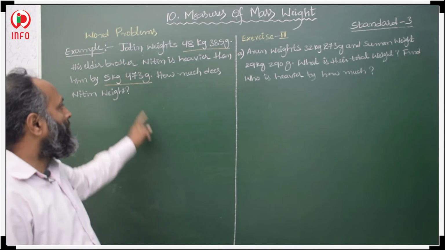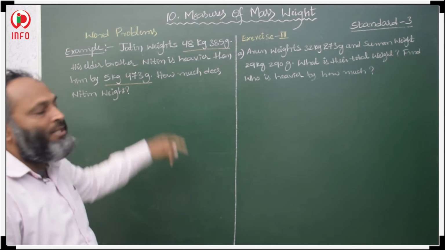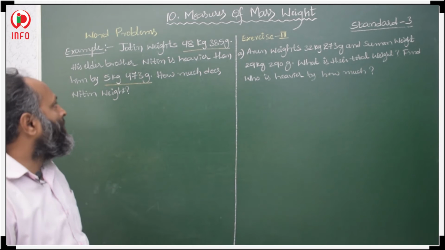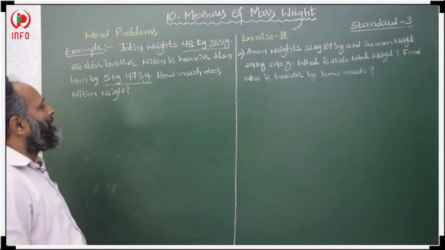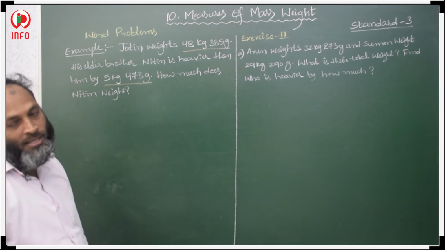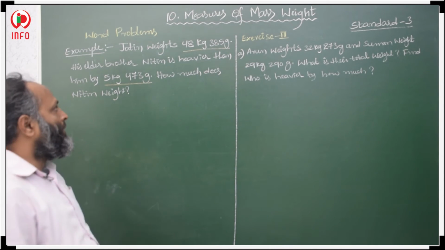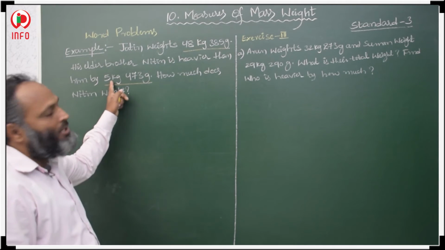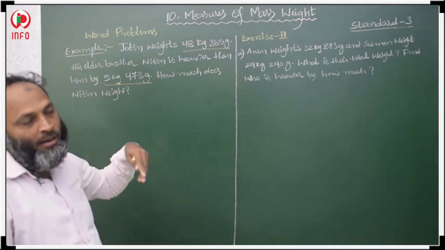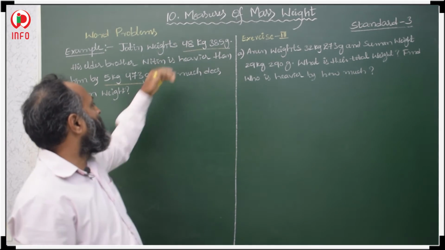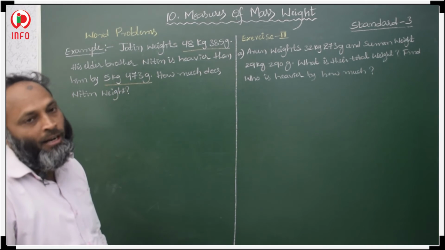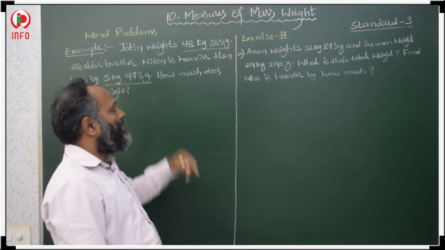So his elder brother is 5 kg, 473 grams heavier than Jatin. Then what is Nitin's weight? He is asking. Heavier is given, so this much heavier means we have to add. So Jatin's weight and the heavier weight we have to add.